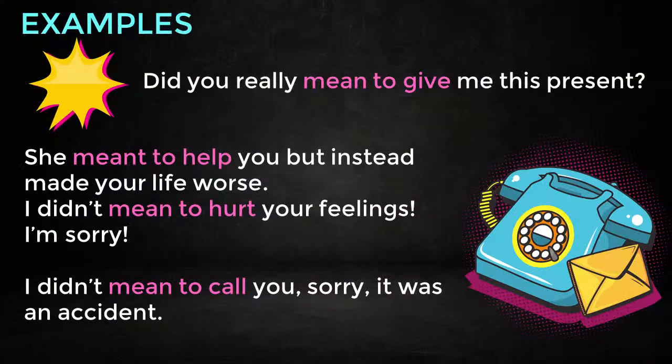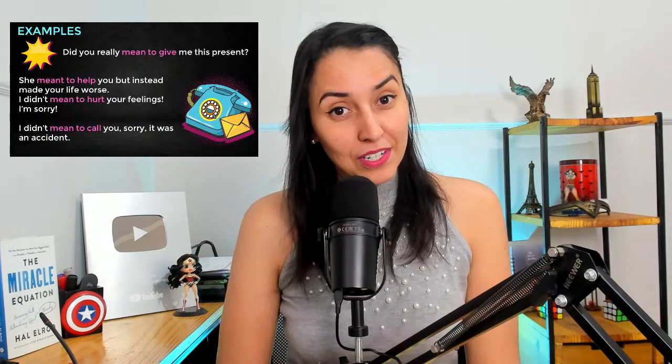Now, another example. She meant to help you, but instead made your life worse. So she meant to help. She planned to help. She intended to help. It was her intention to help. But instead, she made your life more difficult. This happens sometimes, especially with kids and family and friends.